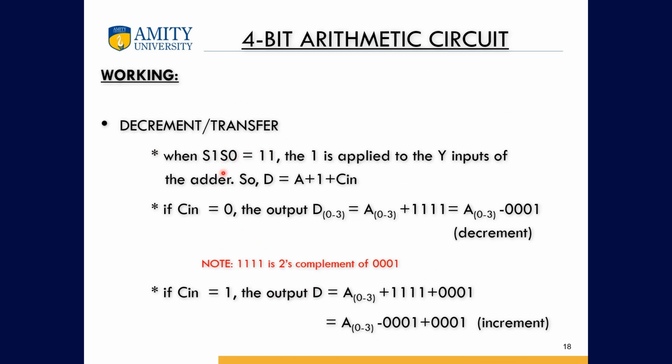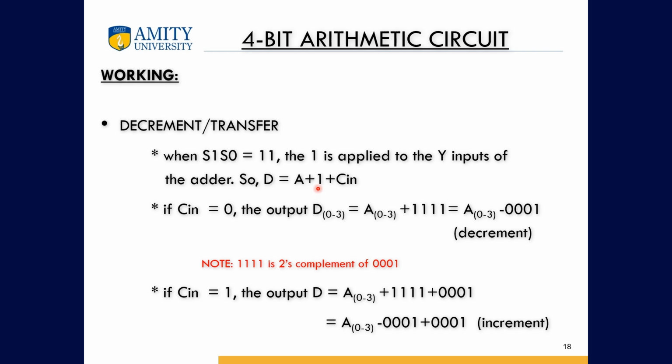Decrement and transfer: when our select lines give the input of 1, 1, then 1 is applied to the Y inputs. Thus we have D equals A plus 1 plus Cin. When Cin is 0, we have D equals A plus 1, 1, 1, 1, which is decrement, because 1, 1, 1, 1 is the 2's complement of 0, 0, 0, 1.